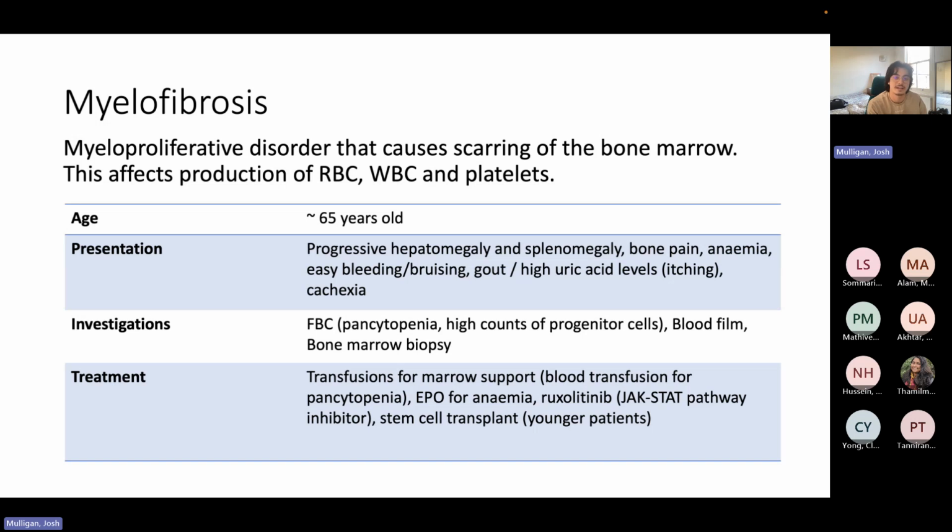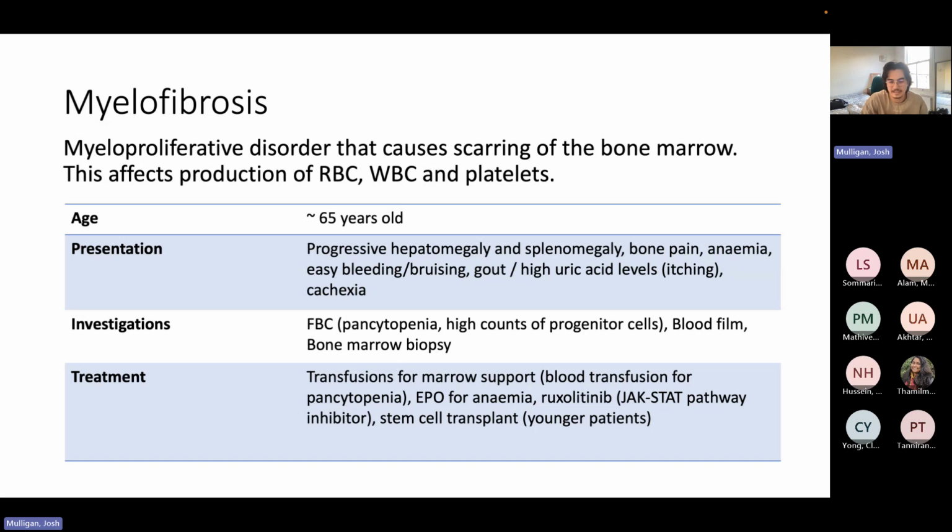You'll get some high uric acid levels, which will cause itching, and that's because there's less maturing of all of these blood cell types in the myeloid line, which means you get loads of these progenitors, which means that there's a lot of these progenitors breaking down. So this higher turnover means you get higher uric acid levels.